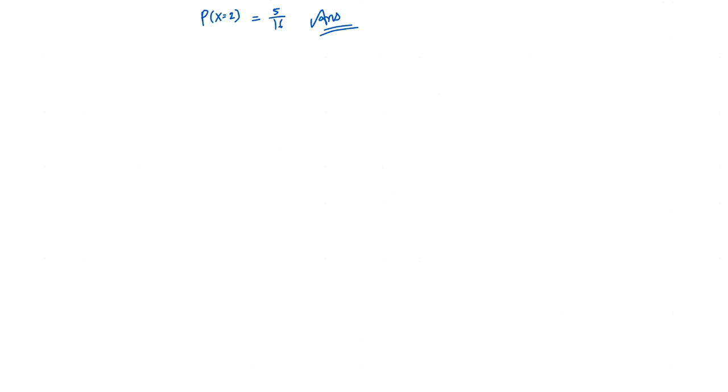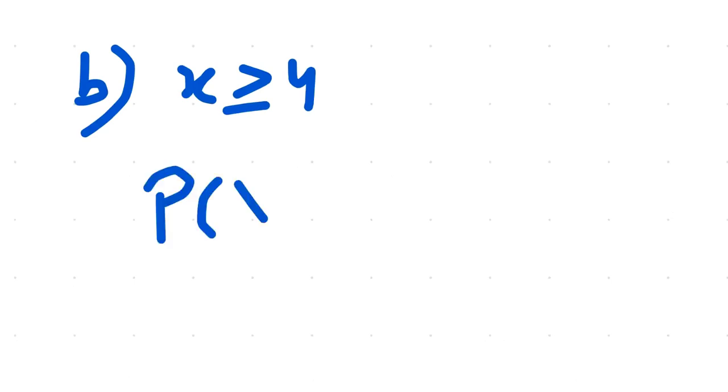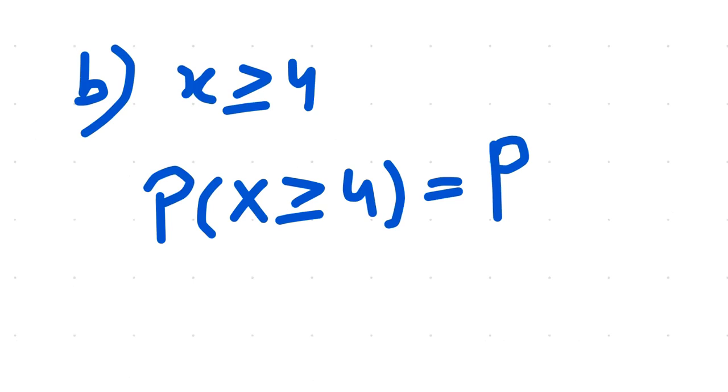So let us do part B. Here x is greater than or equal to 4. So P(X ≥ 4) means we find it for x equal to 4, and the maximum is x equal to 5, because we can't have a number of heads greater than the number of tosses.